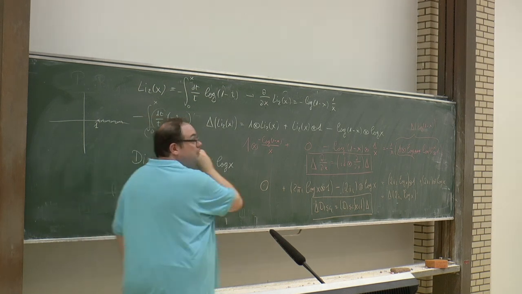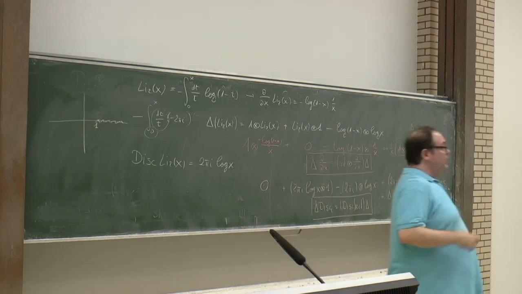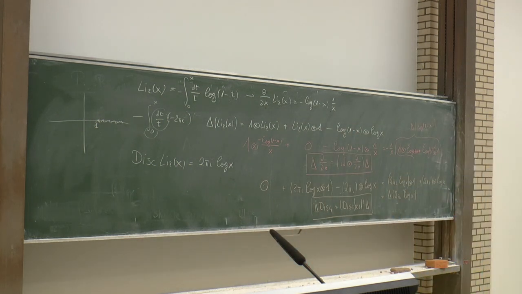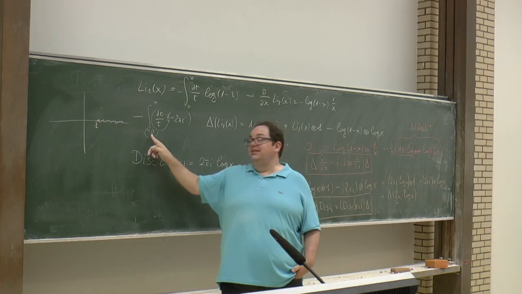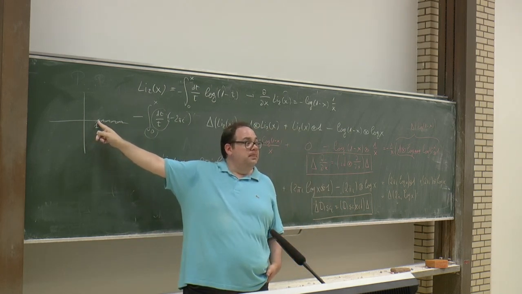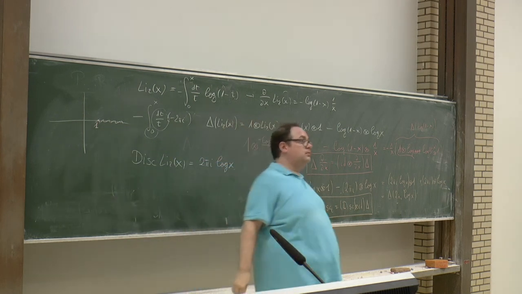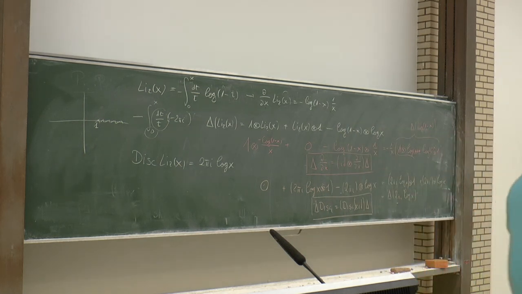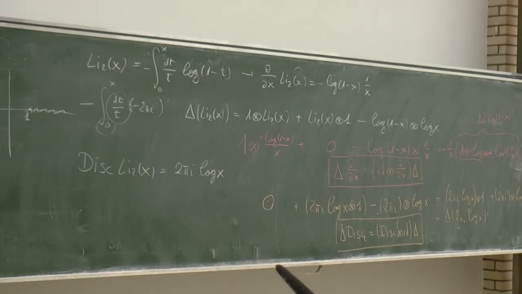I say it's very hand-wavy because this would diverge, but it shows you why this is 2 pi I times log. It's because there's this log in the integrand, which gives you 2 pi I, and then one integration left, which gives you a log. If you do it rigorously, not hand-wavingly, then you see that there's a 1 down here, because that is where the branch point is. But the structure is 2 pi I times log.